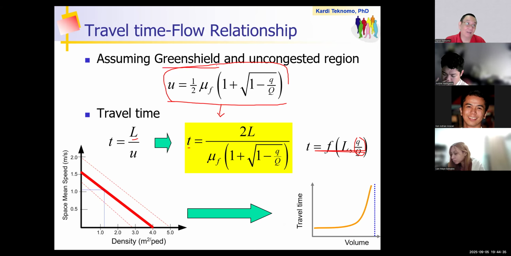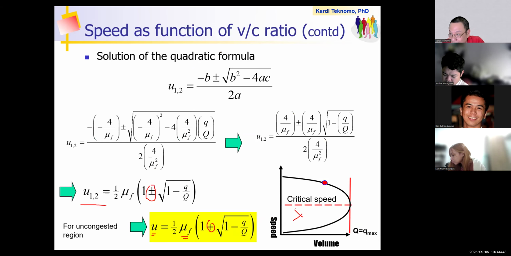But in reality, remember in deriving this formula, I said I don't use this part. But in reality, sometimes we go beyond this congestion, isn't it? So beyond 1.